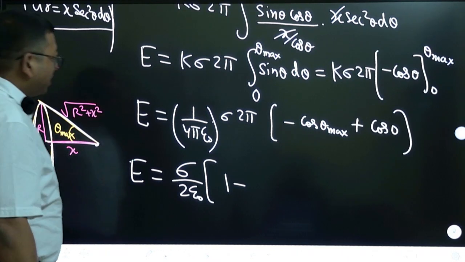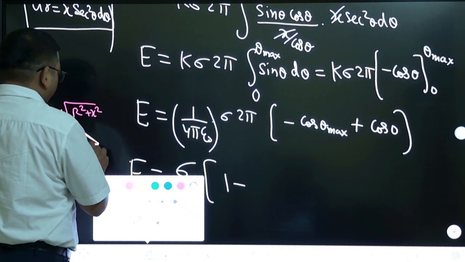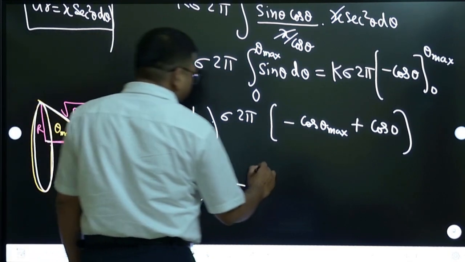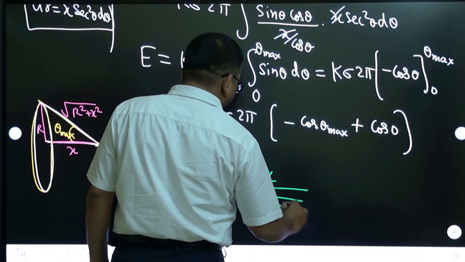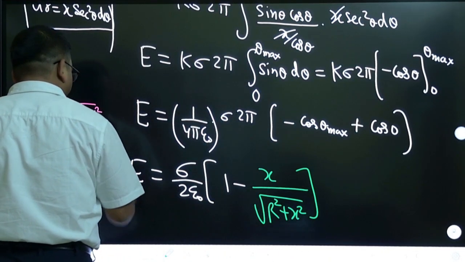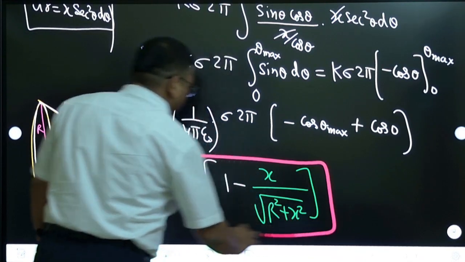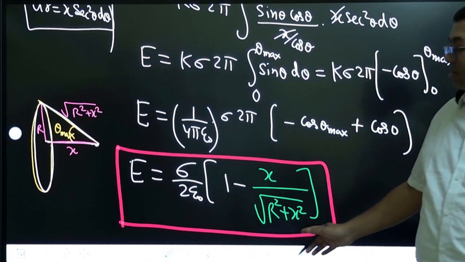Okay, so cos maximum value will become what? X by this, x divided by root under r square plus x square. This is the final formula. So field on the axis of a disk, circular disk, is given by this result.